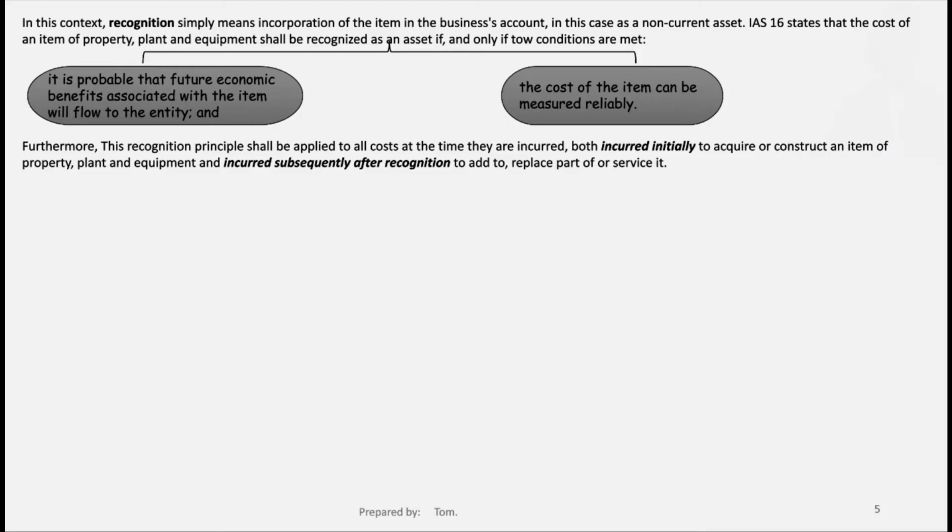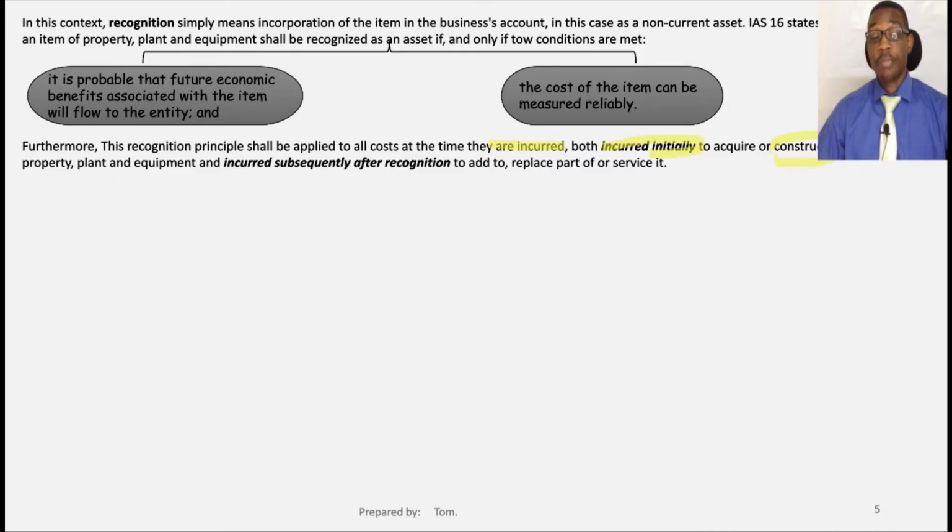On the other hand, in addition, this recognition principle shall be applied to all costs at the time they are incurred, both incurred initially to acquire or construct. So this recognition applies not only to assets that we buy from outside or acquire by paying money.